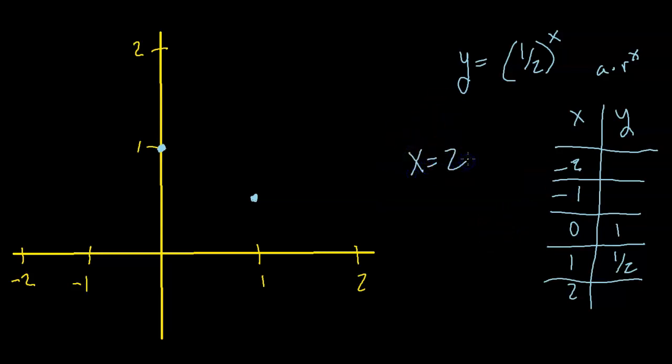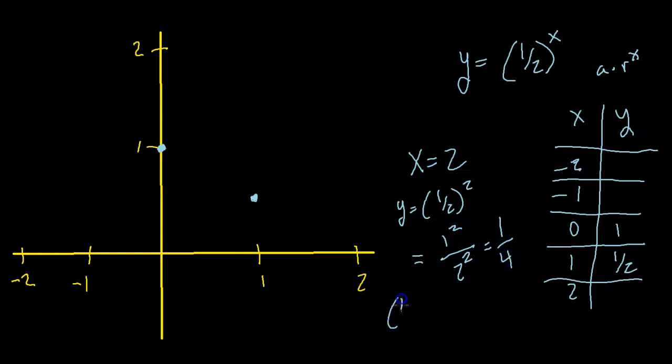What's y when x equals 2? Well, y is going to be 1/2 to the second power, right? Well, hopefully we remember our properties of exponents. That means this is going to be 1 to the second power divided by 2 to the second power. That's going to be 1/4, right? How else could we have figured that out?